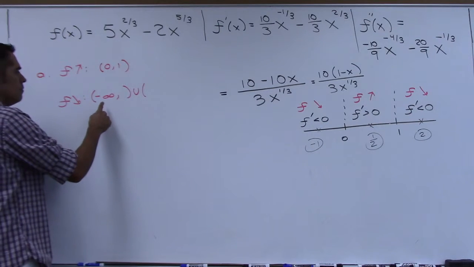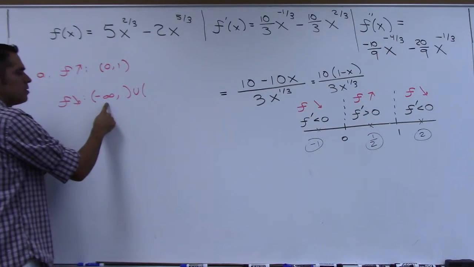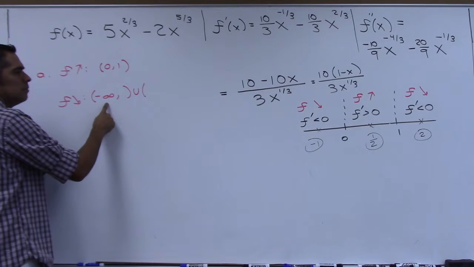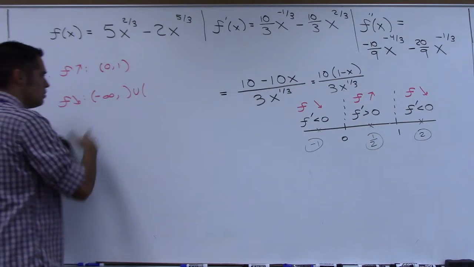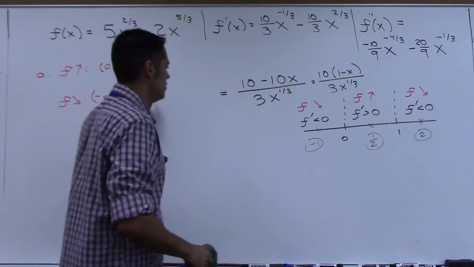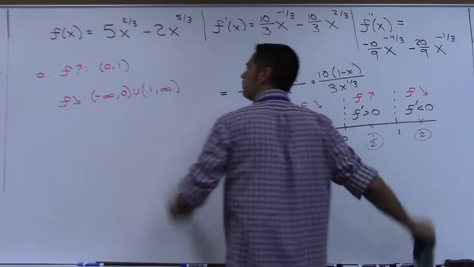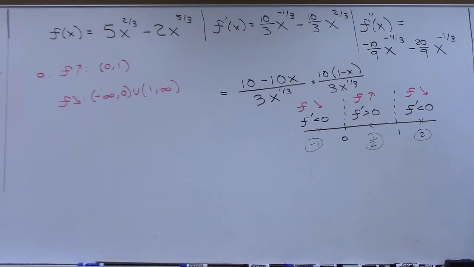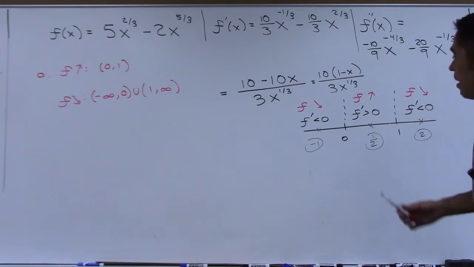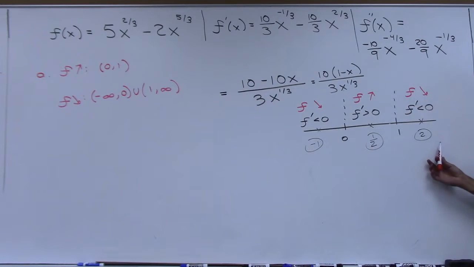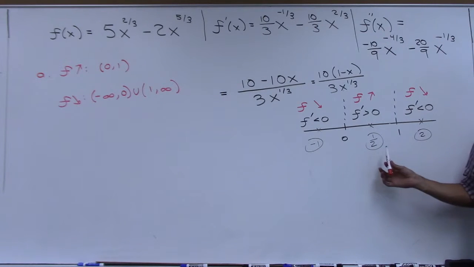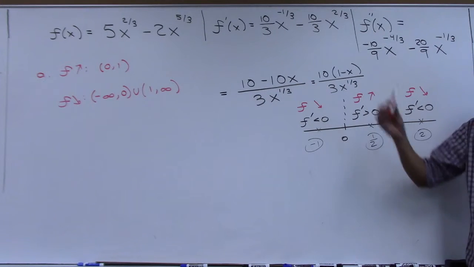Oh, sorry. It's going down from negative infinity to 0, and then 1 to infinity. Yeah, that's another thing to be careful with. Notice I circled my test points so that I don't accidentally pick them up later and use them for something else.